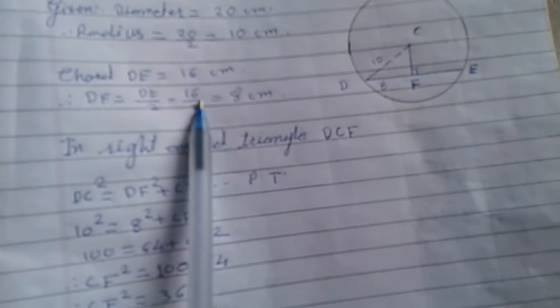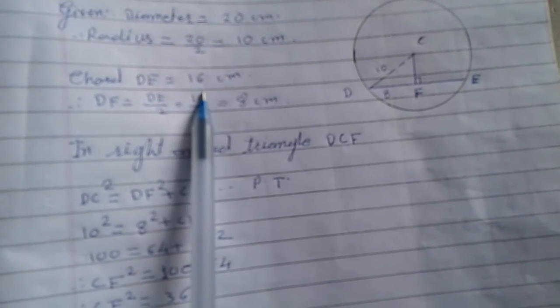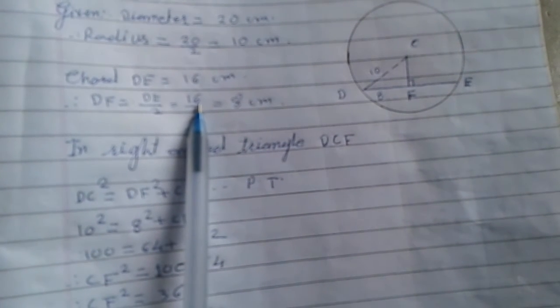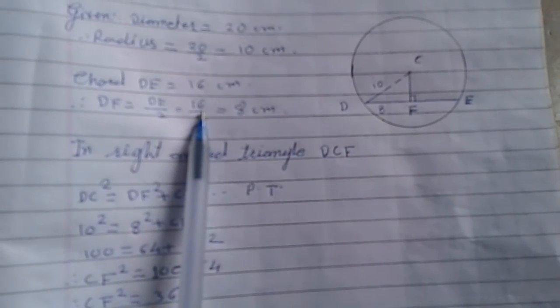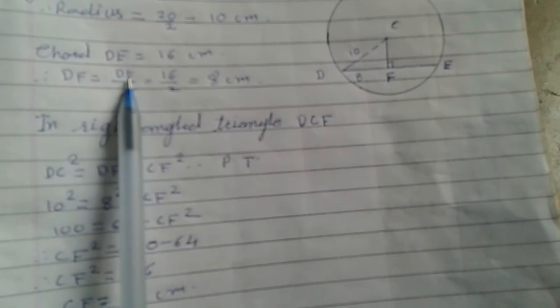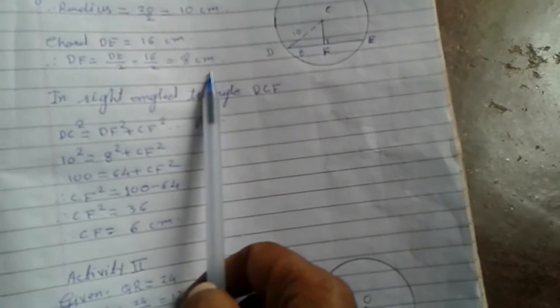Now here chord DE is given 16 centimeter. According to the property, that chord is bisected due to the perpendicular CF. So DF is equal to DE upon 2 is equal to 16 upon 2 is equal to 8 centimeter.